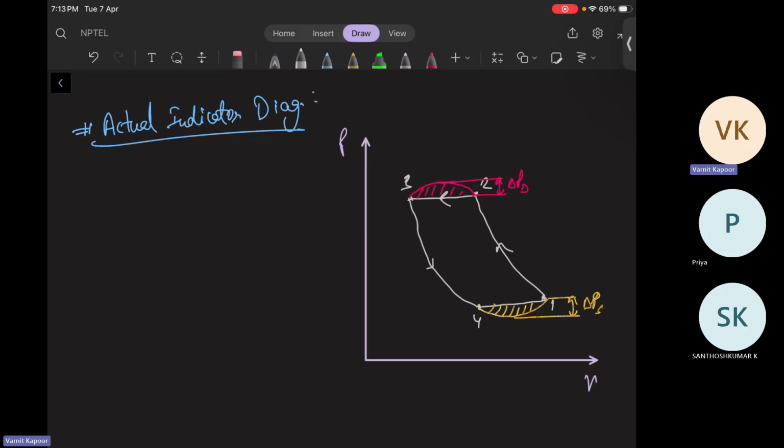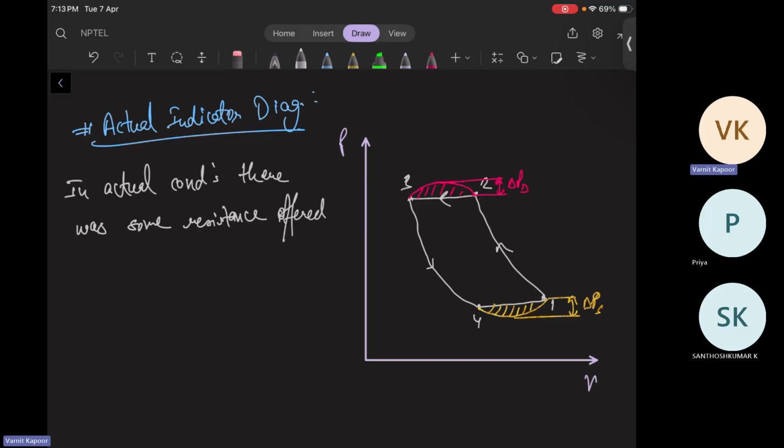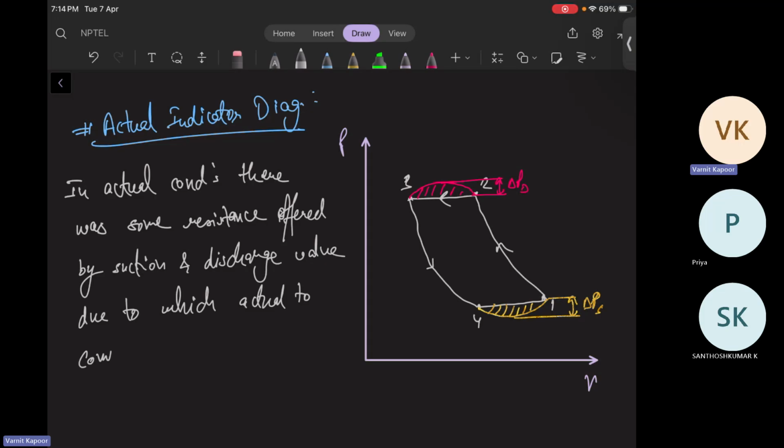Okay. So in actual condition, there was some resistance offered by suction and discharge valve, due to which actual compressor work input increases.